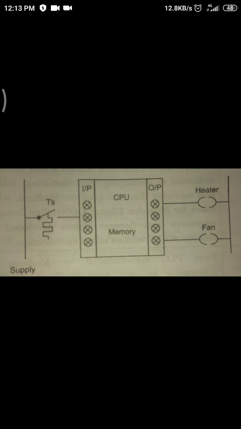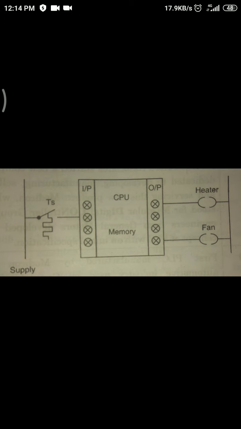Then modular PLCs were designed later in the 70s. Then many companies got involved in the PLC evolution process, and nowadays digital PLCs are there which can be controlled remotely, which are microprocessor based PLCs. They are intelligent PLCs.